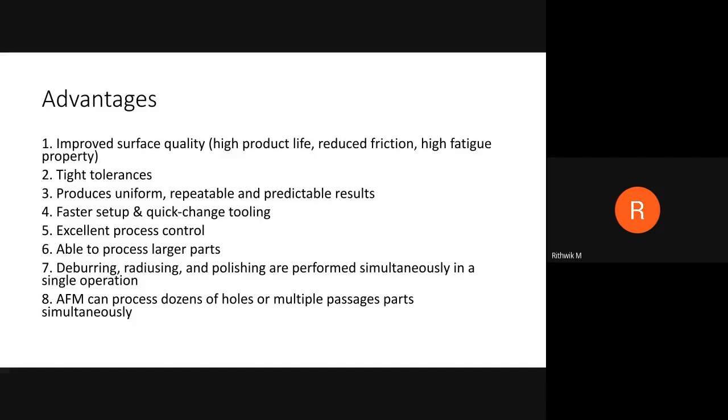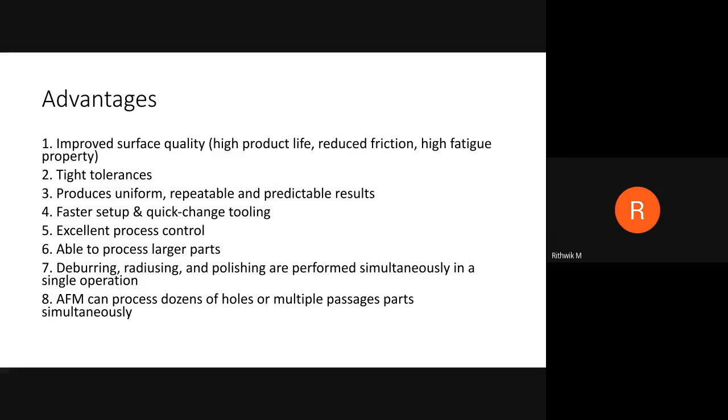Next, regarding the control of the process, through abrasive flow machining we'll be able to have excellent process control. Then it is able to process large parts. Even large parts can be machined using abrasive flow machining.